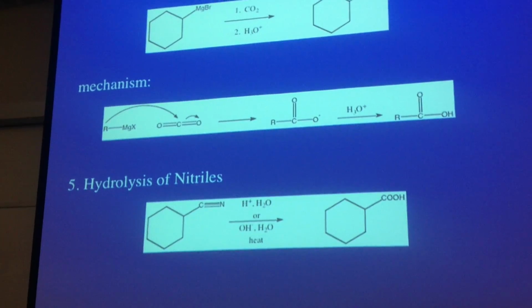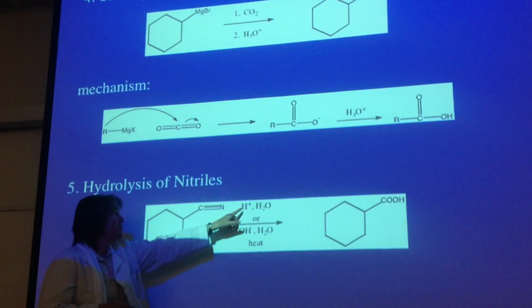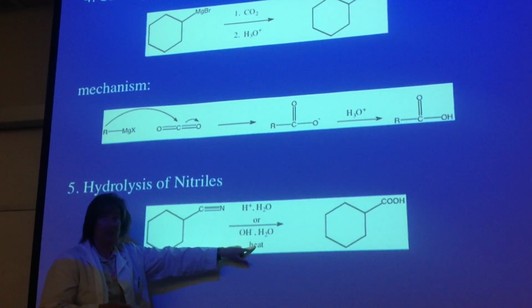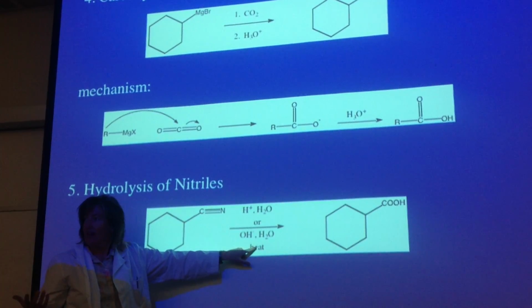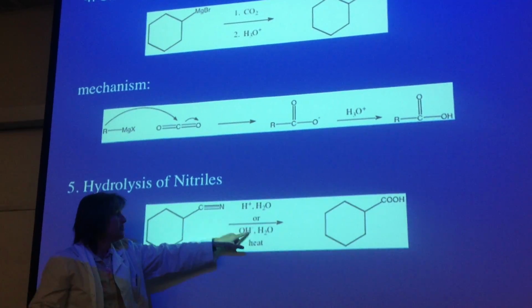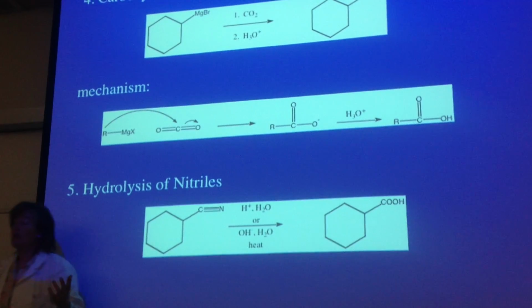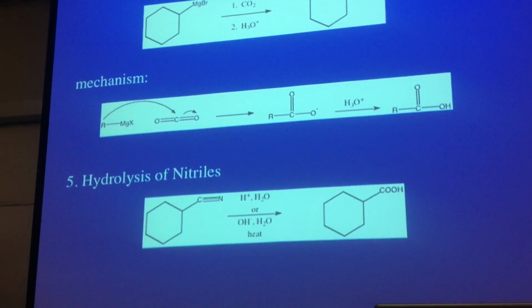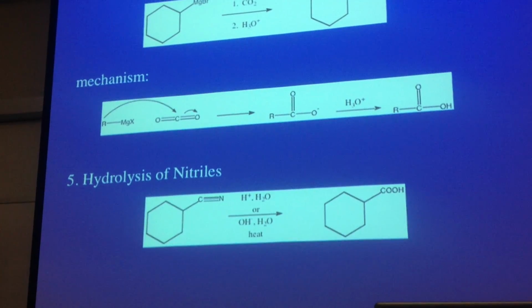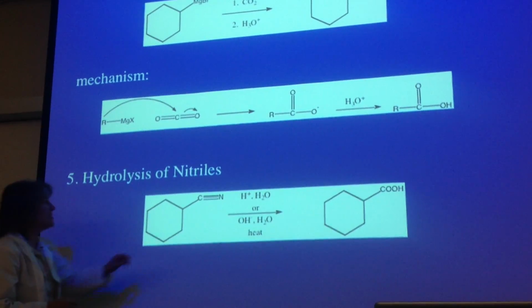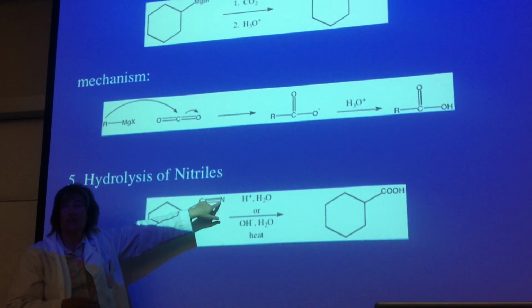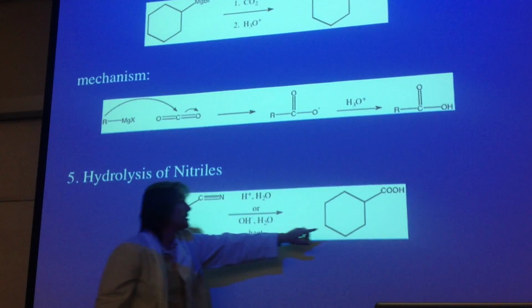So you need your C triple bond N. You can treat it with either H plus H2O and heat. And I think that's the one I gave you guys. Or you can also do base water and heat. So if you have something that is going to blow apart when you use acid, you can use base if you wanted to. And when you do what's called the hydrolysis of this, you end up forming a carboxylic acid.